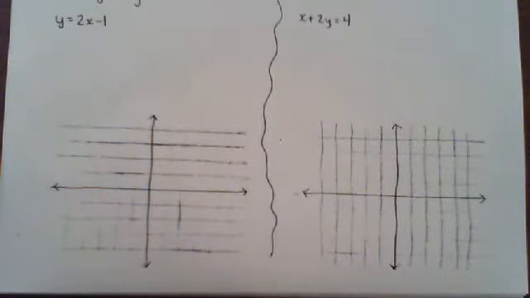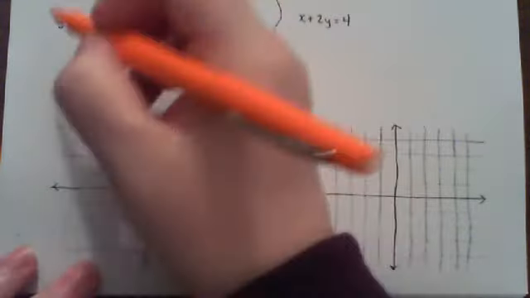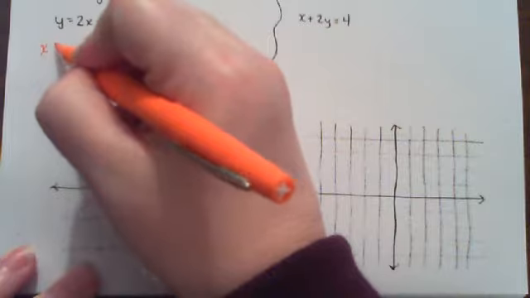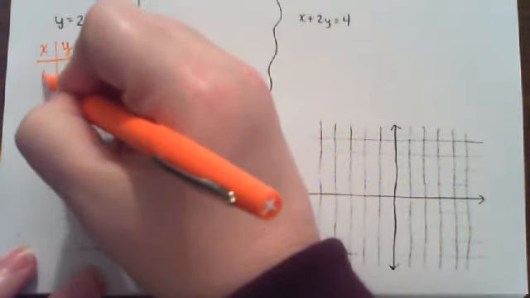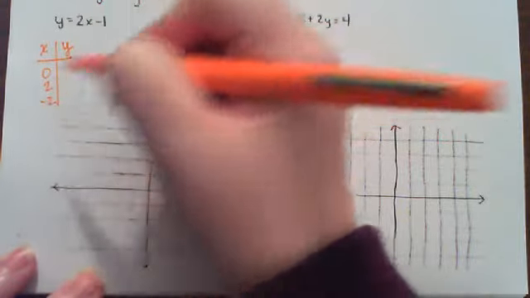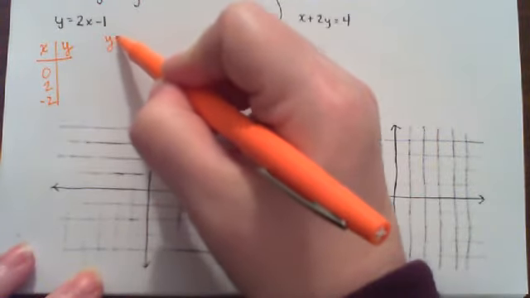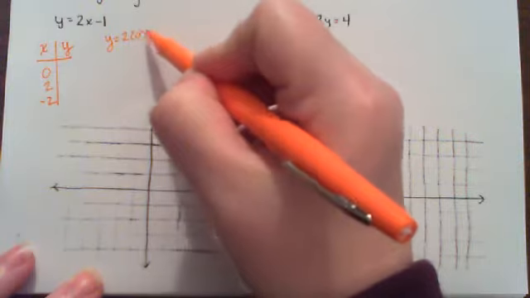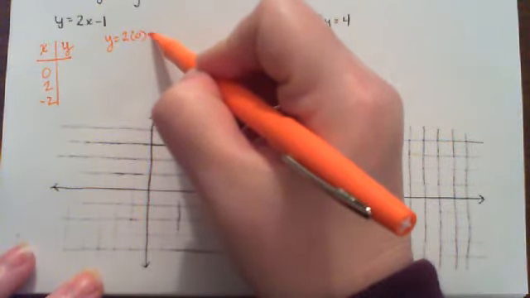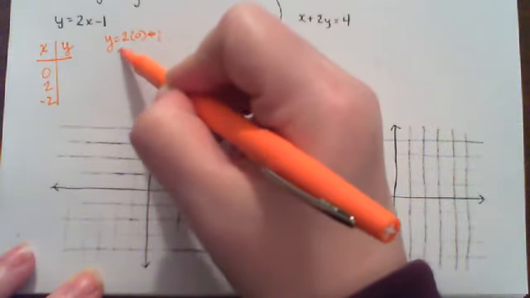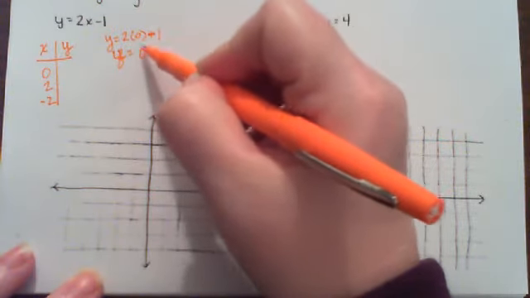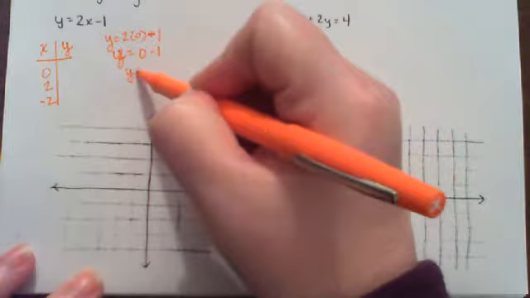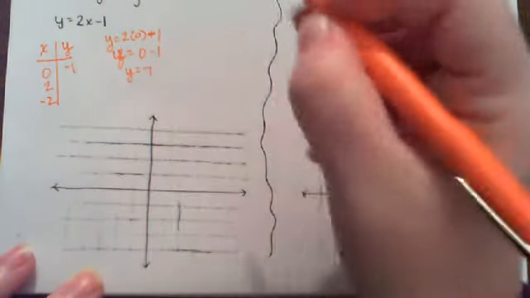So I don't know what numbers you picked, but I really do like picking my 0, 2, and negative 2. Oops, that's a minus 1. So y equals 0 minus 1, so y equals negative 1.